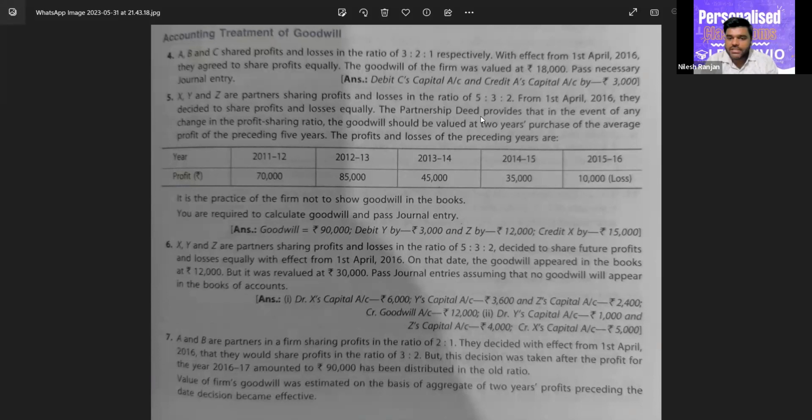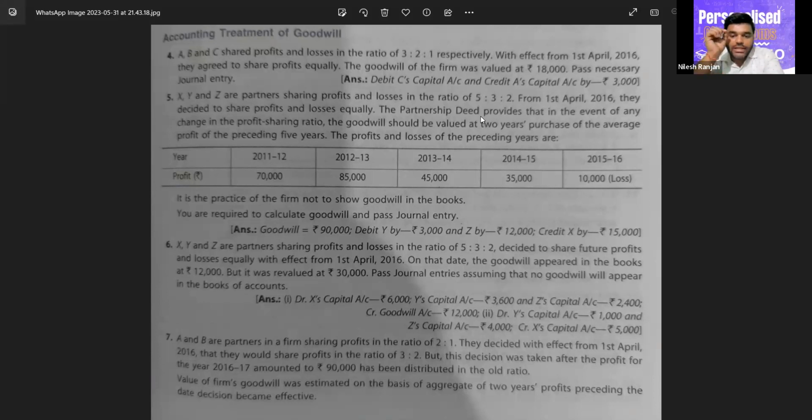But this decision was taken after the profit for the year 2016-17 amounting to 90,000 had been distributed in the old ratio. Goodwill was estimated on the basis of the aggregate of 2 years' profit preceding the date the decision became effective.